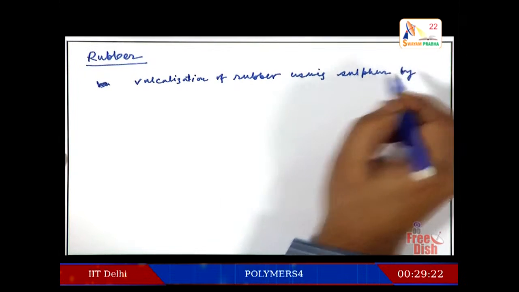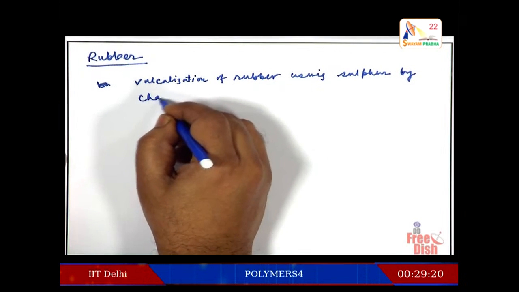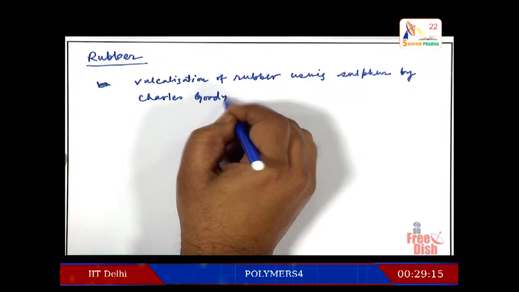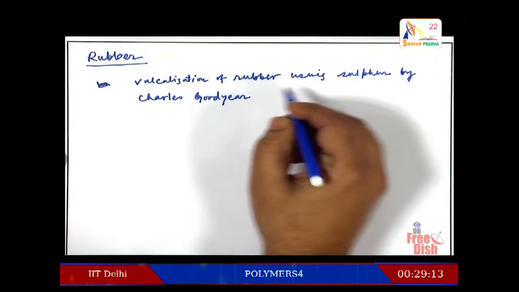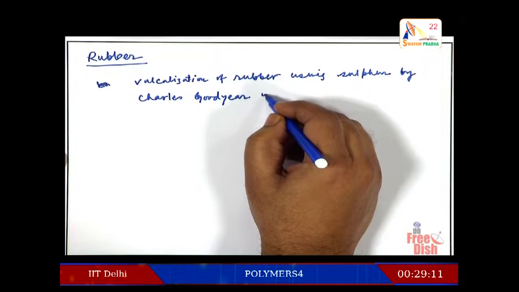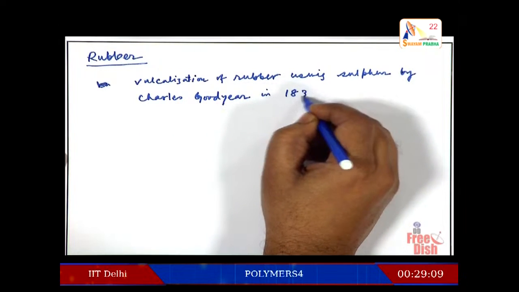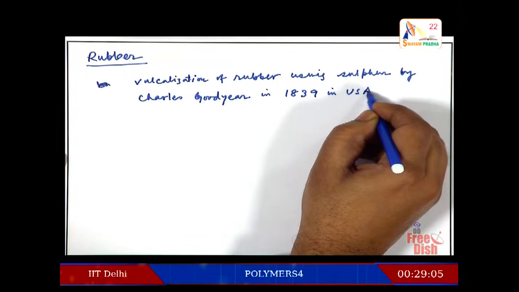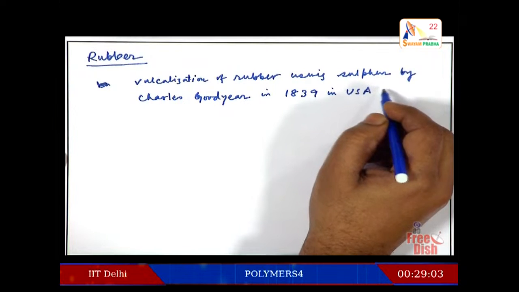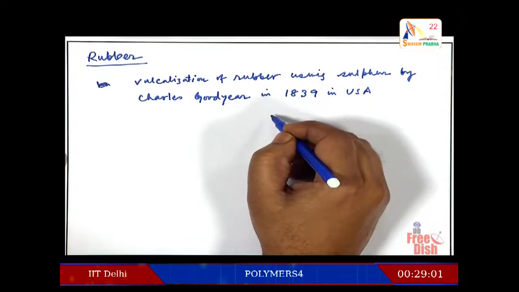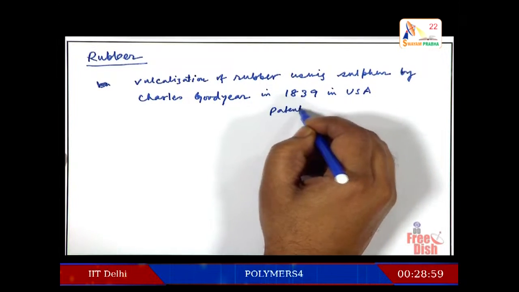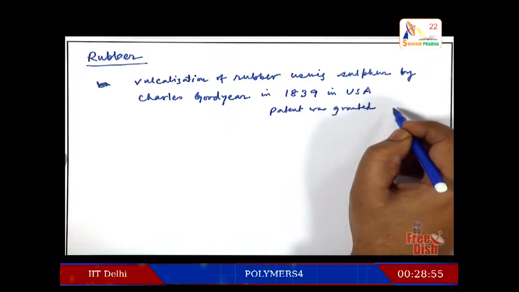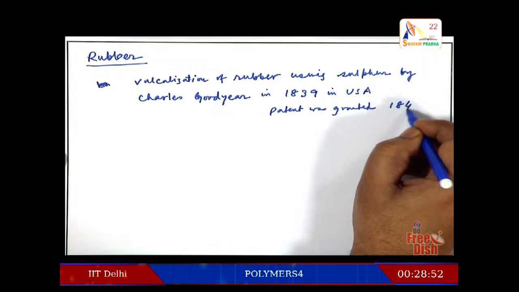And it was discovered by Charles Goodyear. You have probably heard of Goodyear tire. It was done long back in 1839 in USA, and he filed a patent, which was granted in 1844.